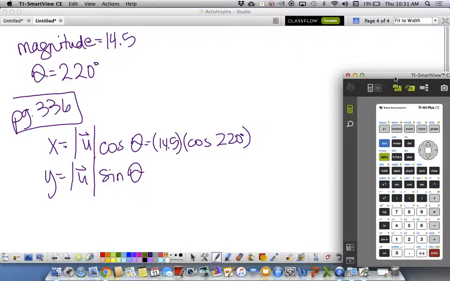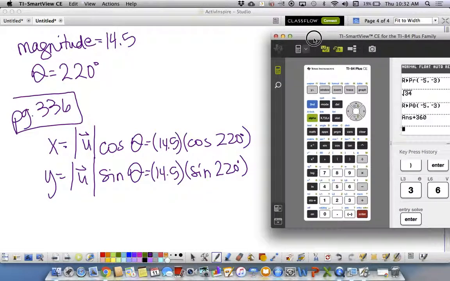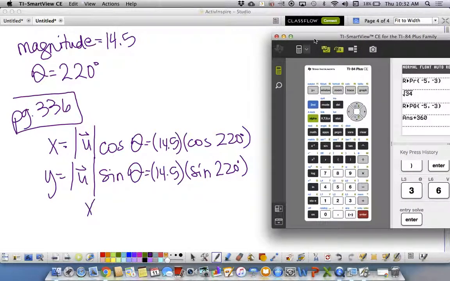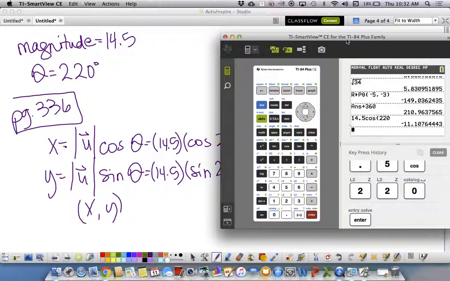And your y is 14.5 times sine 220 degrees. So plug those in. What do we get? Negative 11.1.